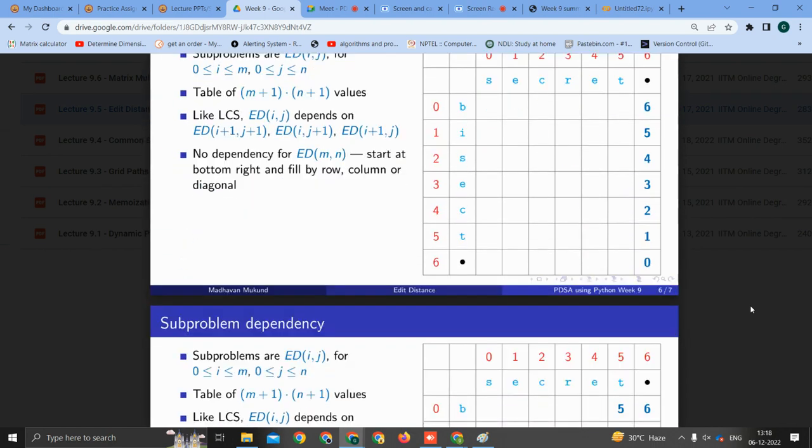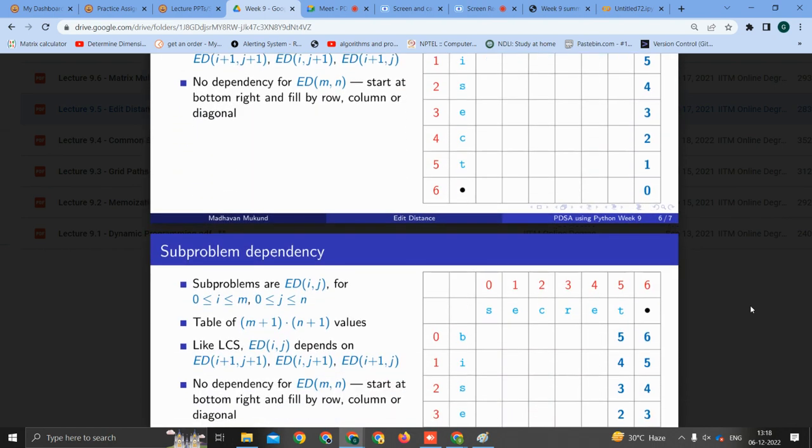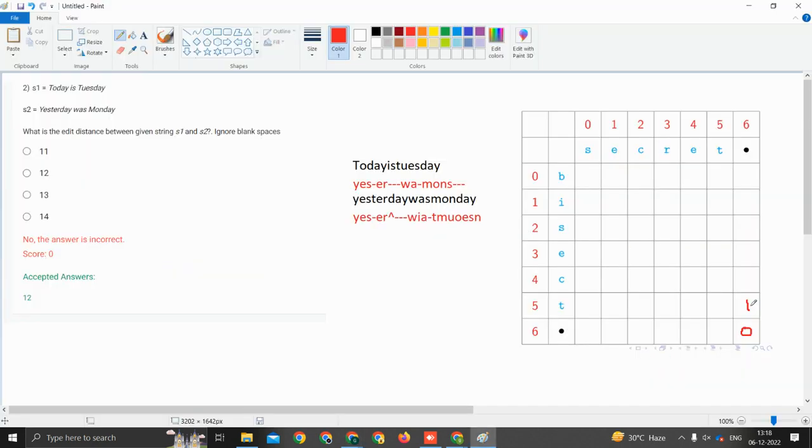The first row can be done too: 0, 1, 2. The last row will be filled the same way. So the basic is done.